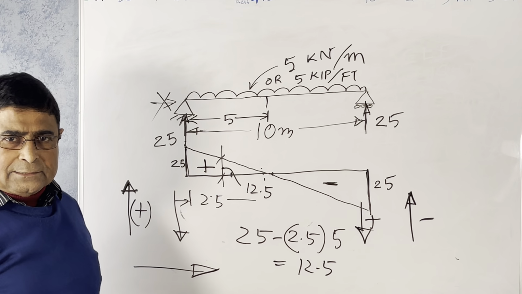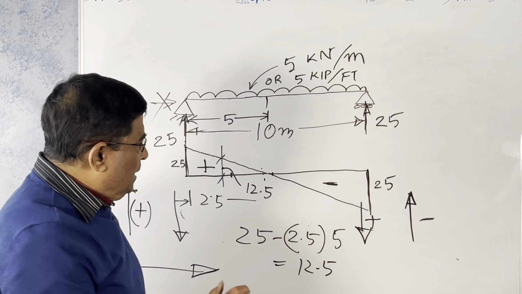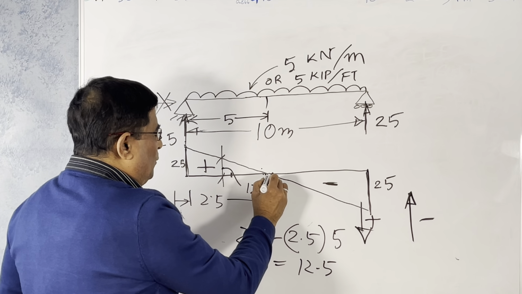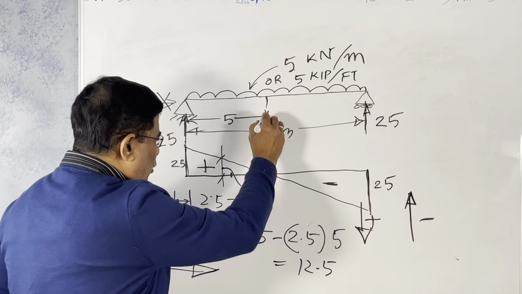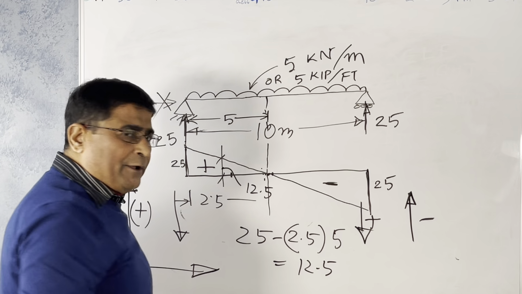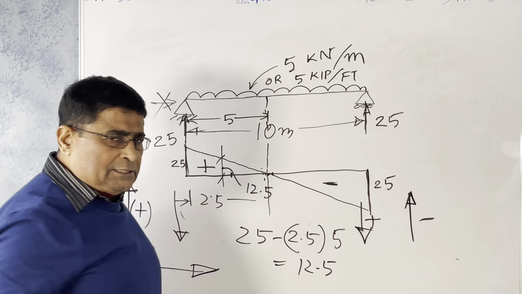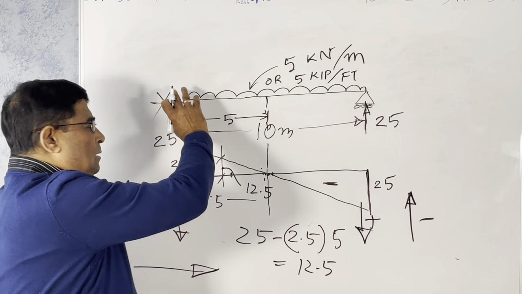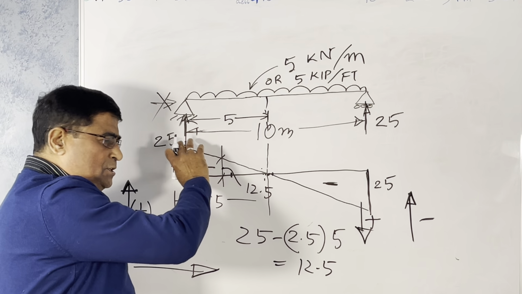Positive, plus and minus. One thing I told you always: the bending moment will be maximum when the shear force changes its sign from positive to negative. So your maximum bending moment will be at the midpoint here, always. And remember, in a simply supported beam, shear force is maximum at the support.